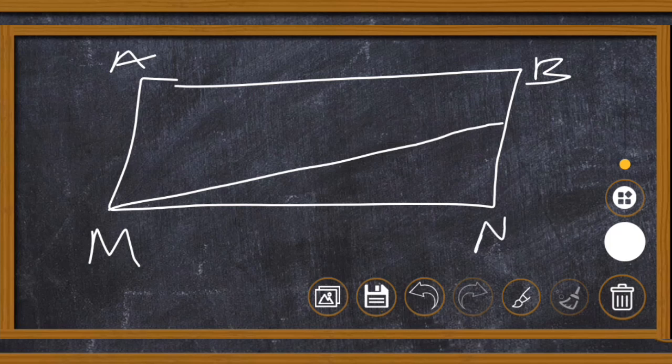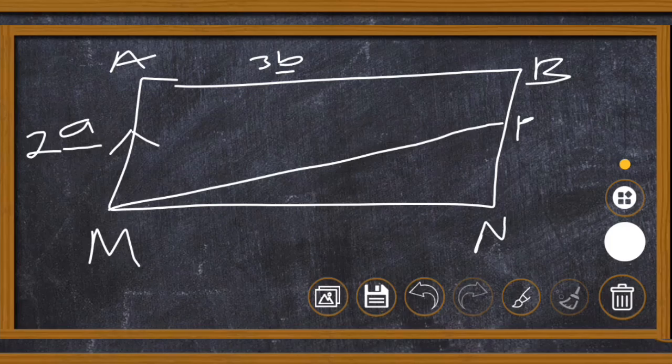So let's say this is P. Now let's say we have the values 3B here, and then we have 2A here. Let's say this is the direction here.